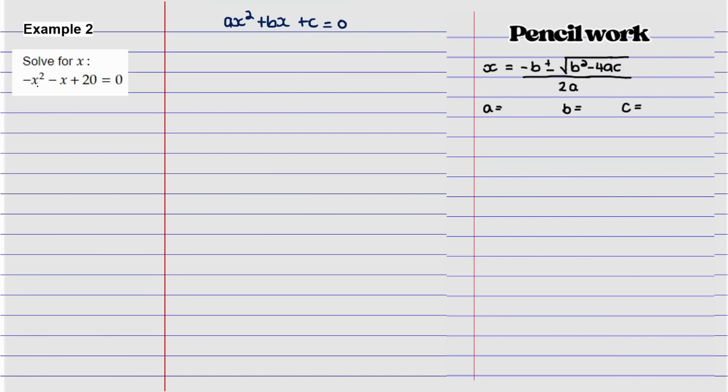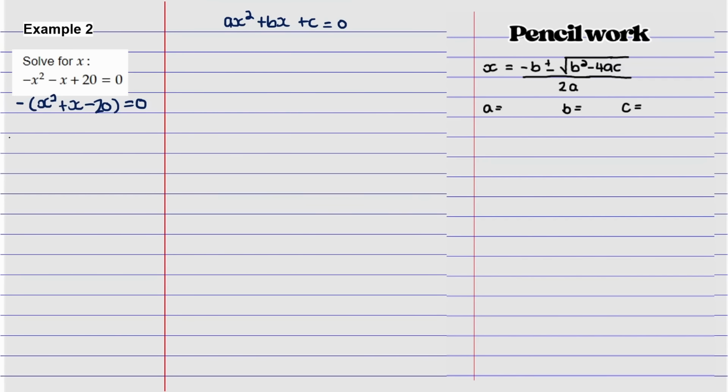I want this one to be positive. When I take it out, anything that was negative before becomes positive, and anything that was positive becomes negative. Since this was negative x squared, it's going to be positive x squared. This was negative x, it's going to be plus x. And this one is positive 20, so it's going to be negative 20. And this is equal to 0, right?